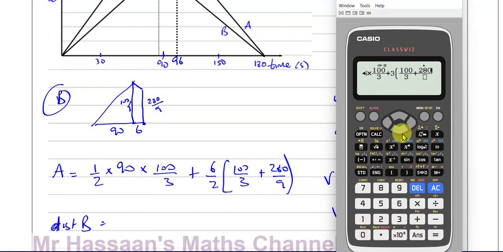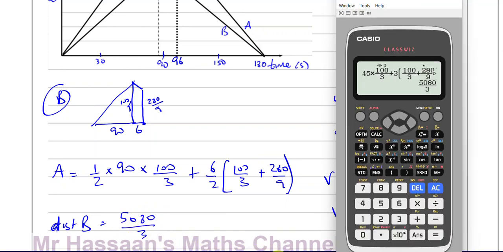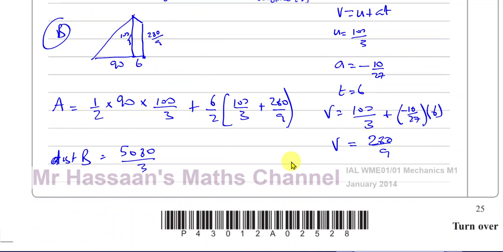Can't read my own handwriting there. Should be careful of that. 280 over 9, that was my last answer. That is going to give you the distance traveled by B, which is 5080 over 3, which turns out to be 1693. So of course this is going to have traveled further.